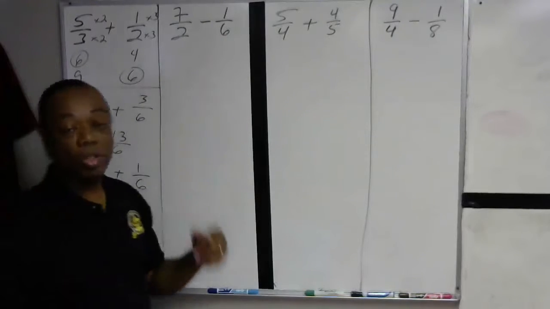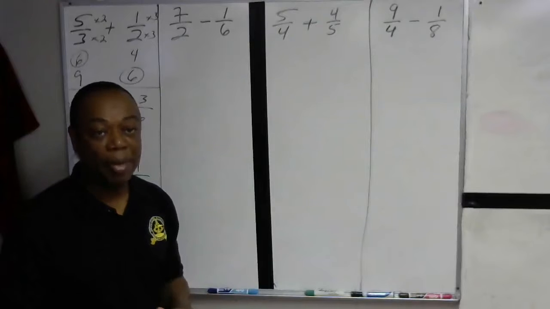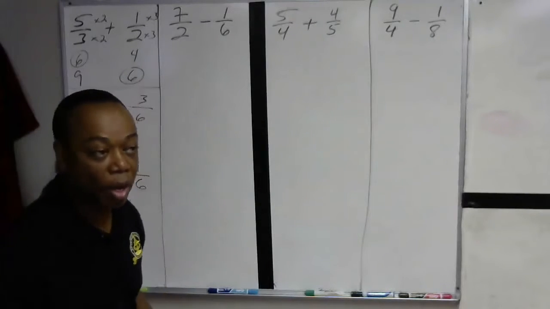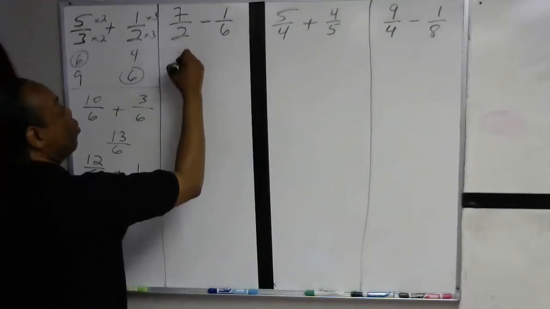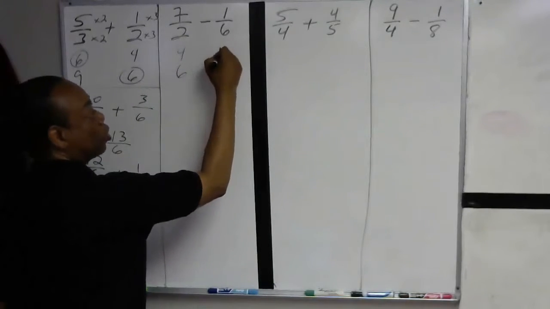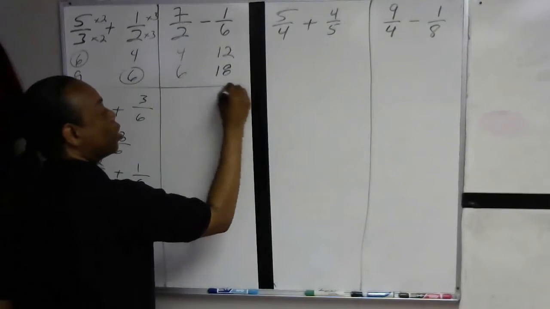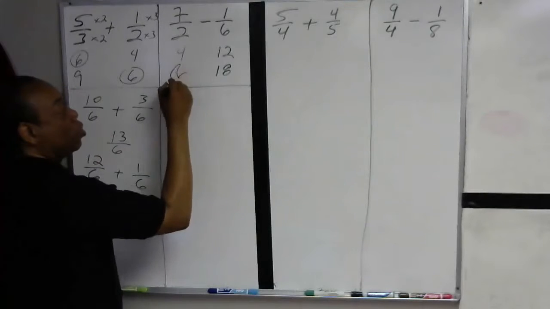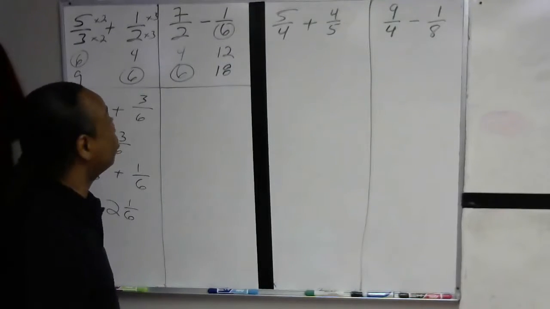Okay, next. First, let's write some of the multiples of the denominator so we can find a least common multiple. So we have 2, 4, and 6. And for the 6 times table, there's 6, 12, and then there's 18. Okay, and here's our match here. The 6s, that's the least common multiple.